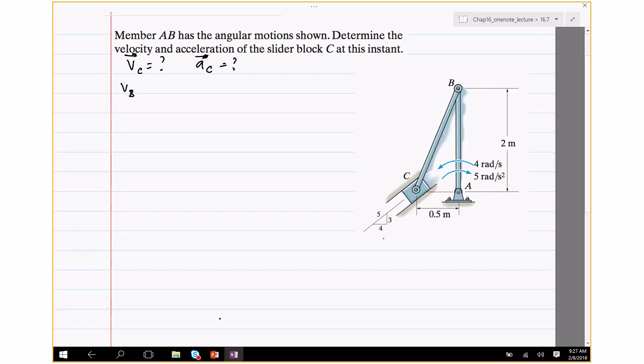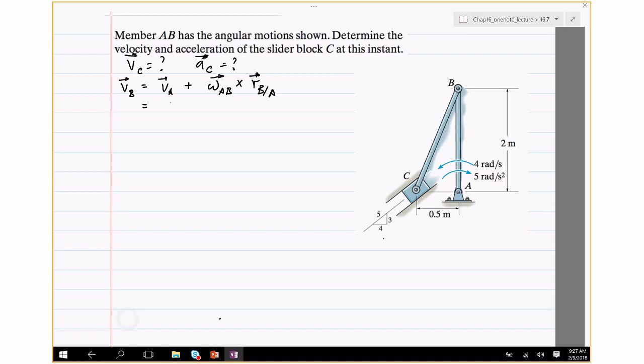Velocity of B is velocity of A plus angular velocity of AB crossed with R_B with respect to A. So what's velocity of A?